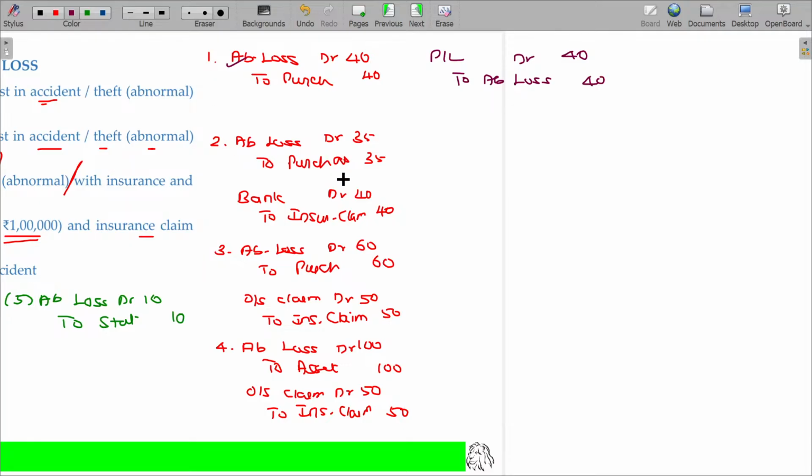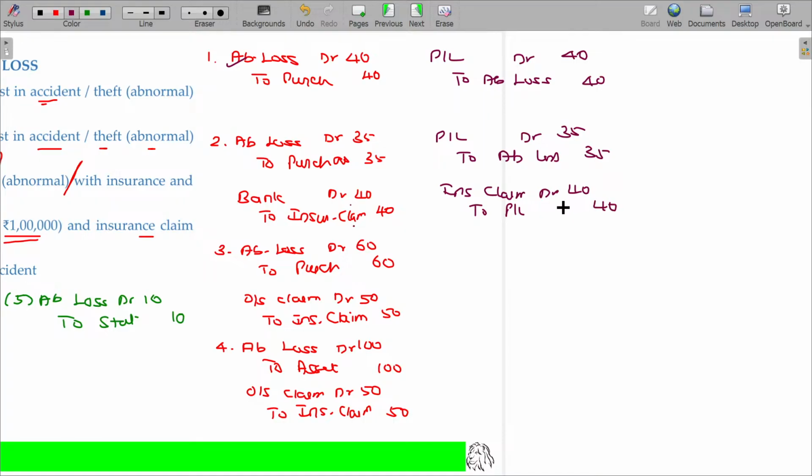Second one, abnormal loss to purchases, and P&L account debit to abnormal loss, the value being 35. For this, insurance claim is a revenue credit to the P&L account. So the entry being insurance claim account debit to P&L account.